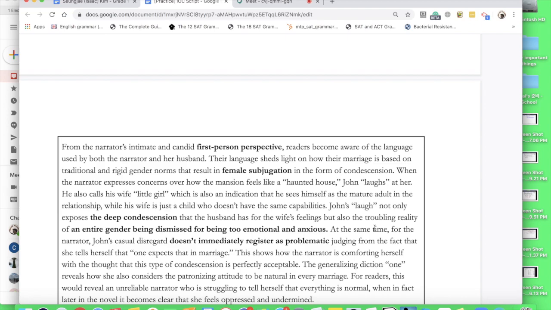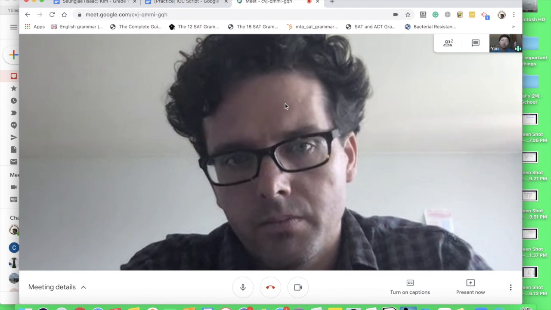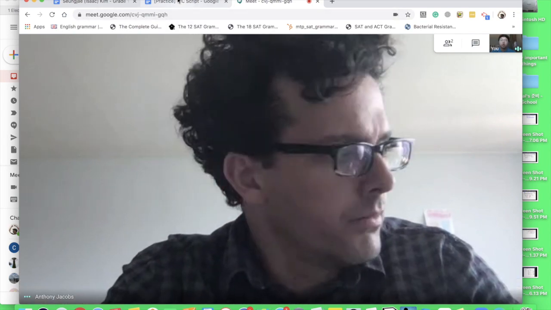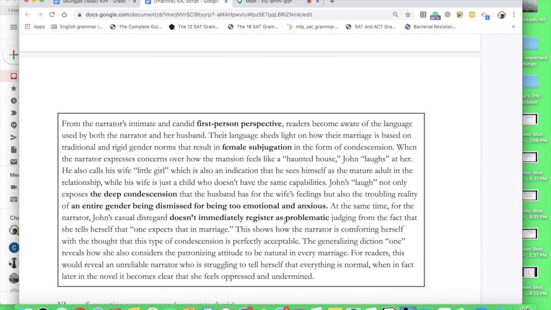So, for example, at the very beginning of the book, when the narrator expresses concern over how the mansion feels like a haunted house, the husband laughs at her, and he also calls his wife a little girl, which to me was an indication that John sees himself as a mature adult, and his wife is just a child who doesn't have the same intellectual capabilities to think and act for herself.